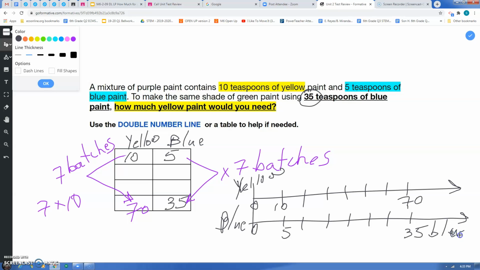Okay. So that would be my answer for double number line. So 20, 30, 40, 50, 60, and then skip count by 10, 15, 20, 25, 30.